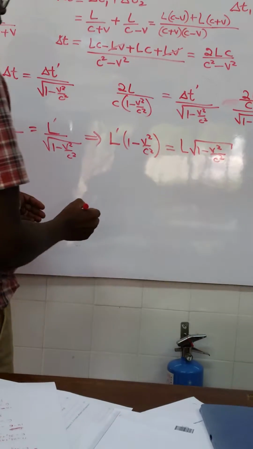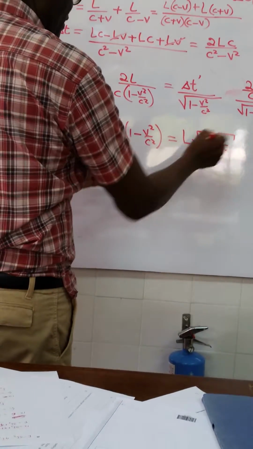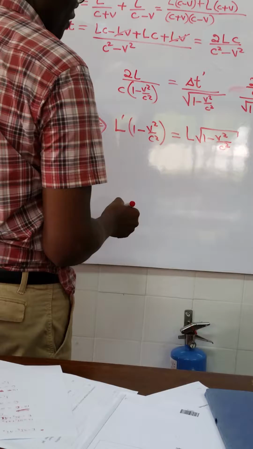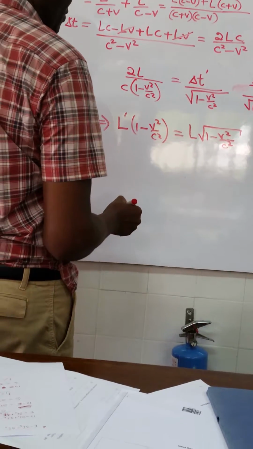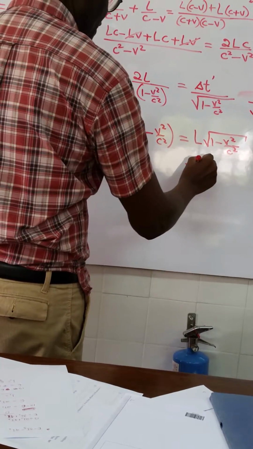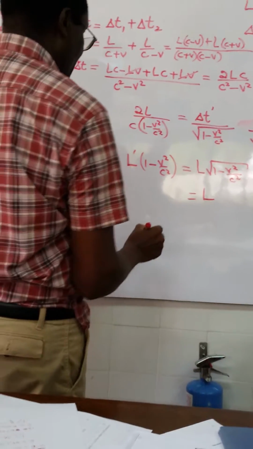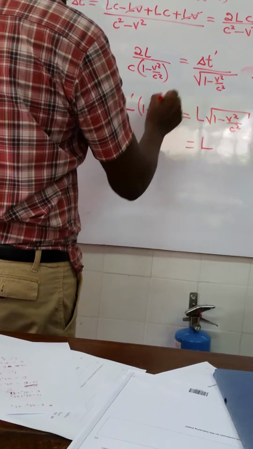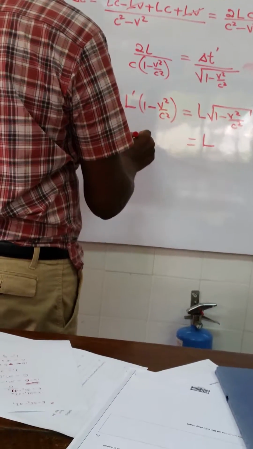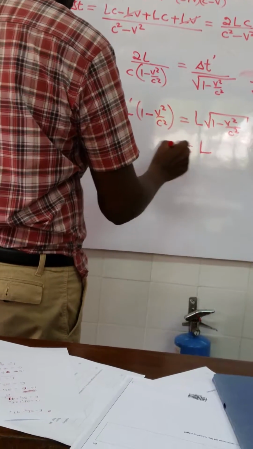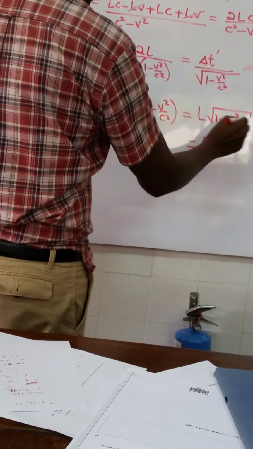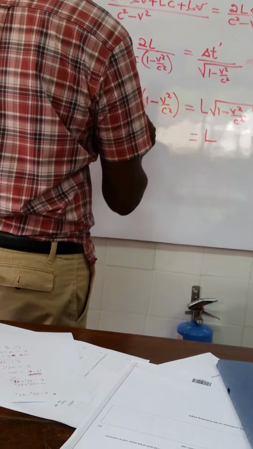Divide both sides by root of 1 minus v squared over c squared, and you remain with the right hand side as L is equal to, this one will go here, square root times, divide by this on both sides, that's what I mean.